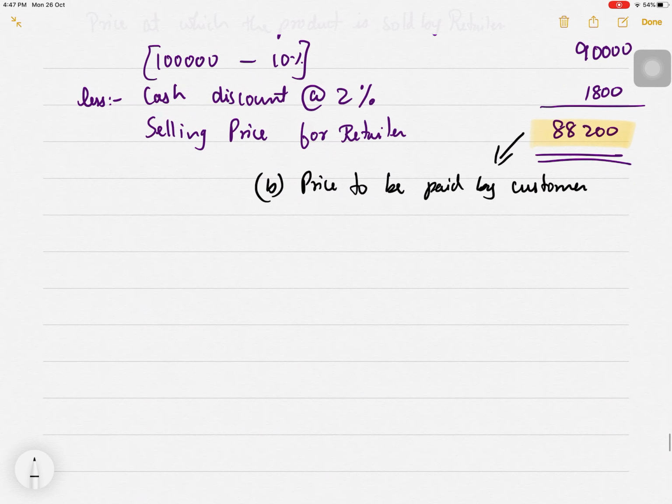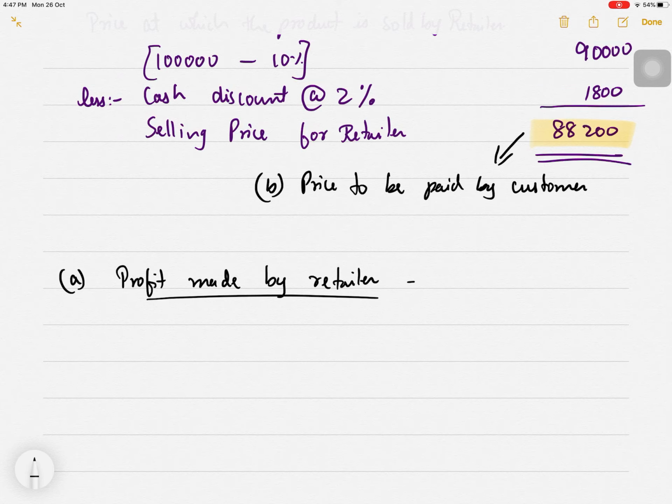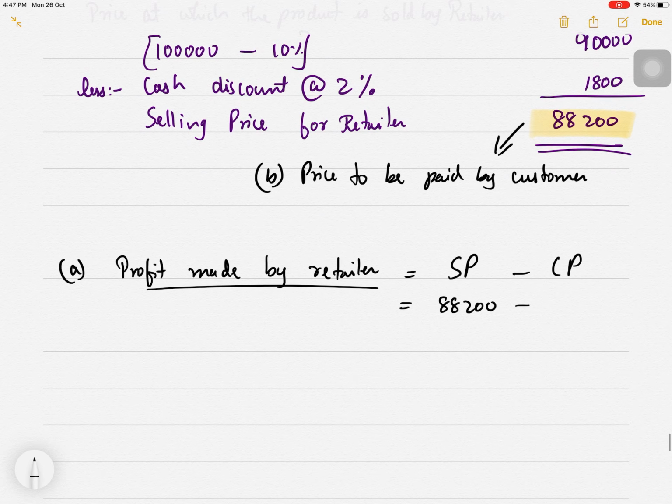And now A is profit made by the retailer. Profit made by the retailer is selling price minus cost price. Selling price is 88,200 and cost price is 76,000.